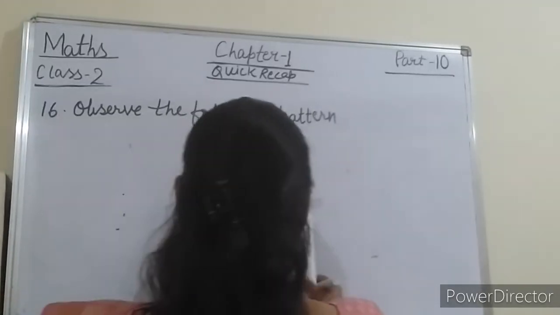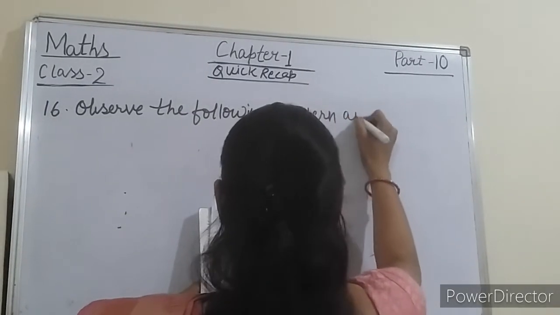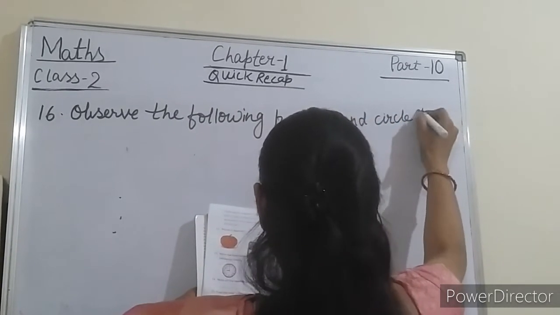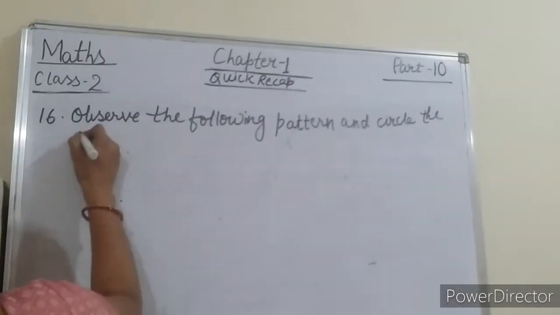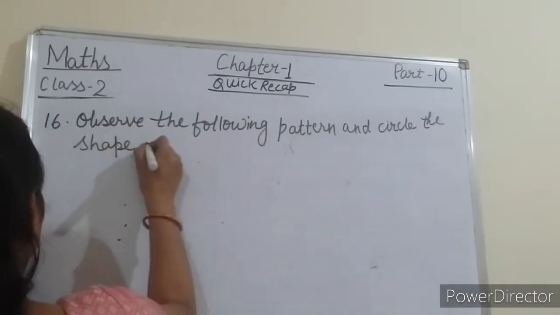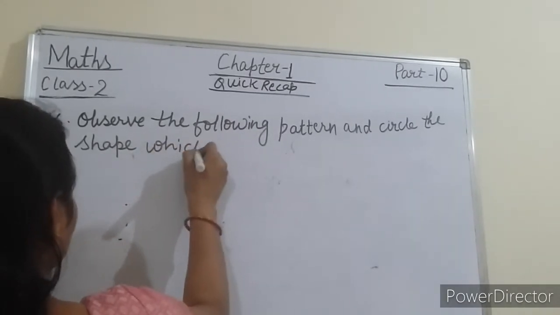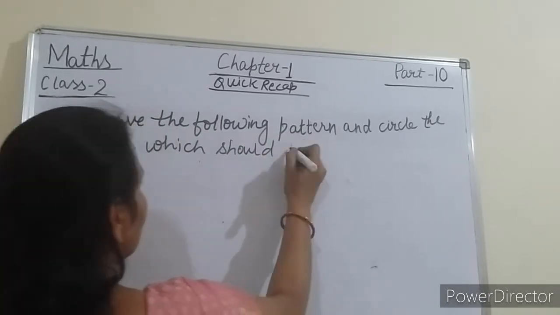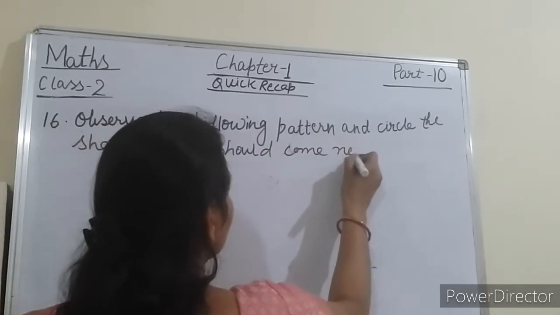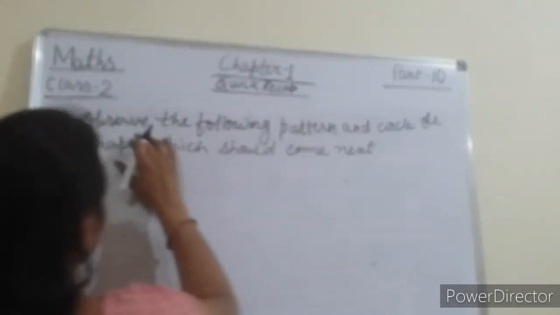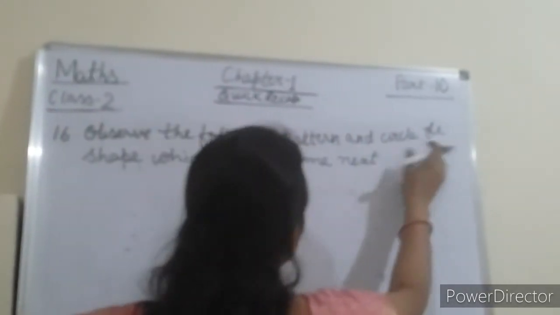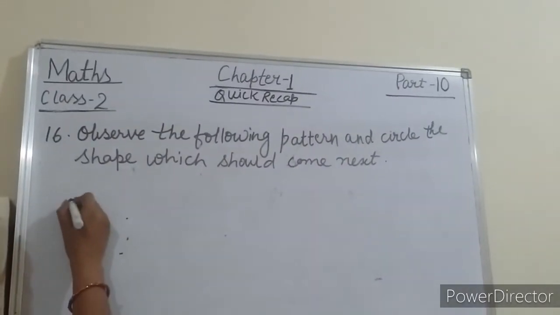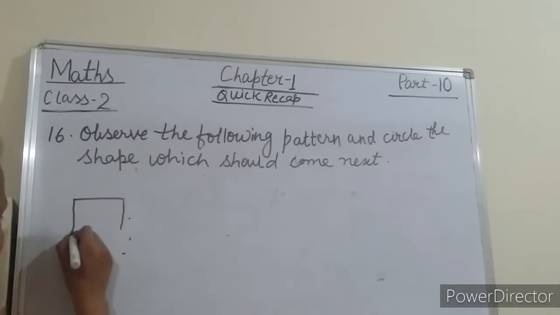Observe the following pattern and circle the shape which should come next. So, students, observe the following pattern and circle the shape which should come next. So, I am going to draw some shapes.